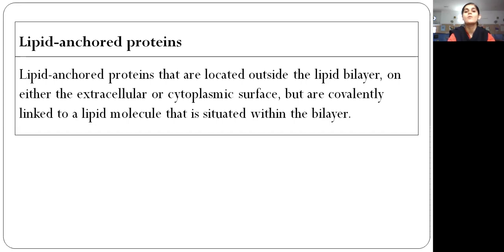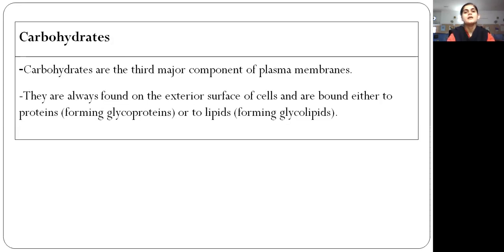Next, the third main component of the membrane is membrane carbohydrates. Membrane carbohydrates are always present at the exterior surface of the cell, and they interact with proteins, for example glycoproteins, and with lipids, glycolipids.